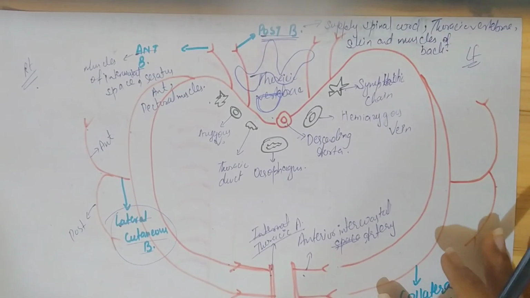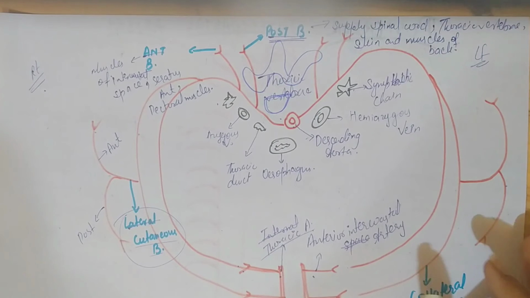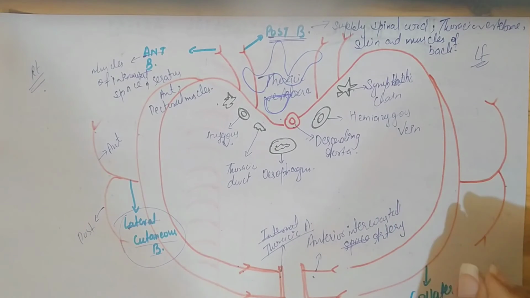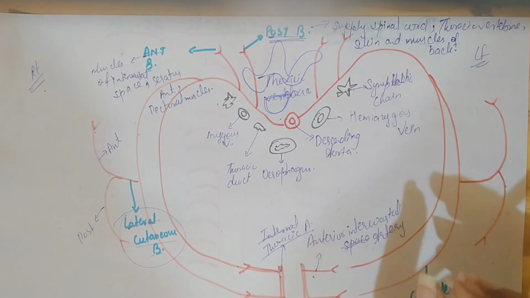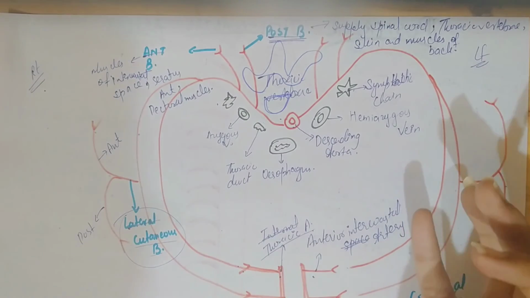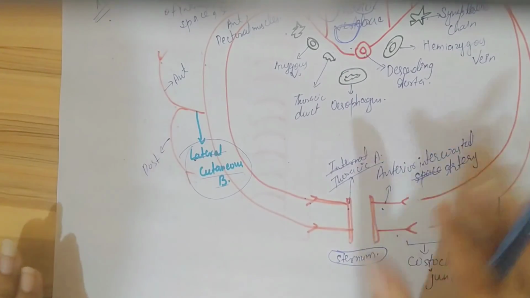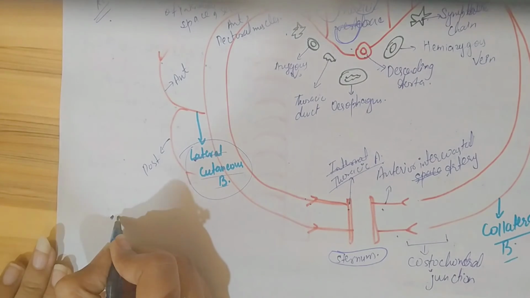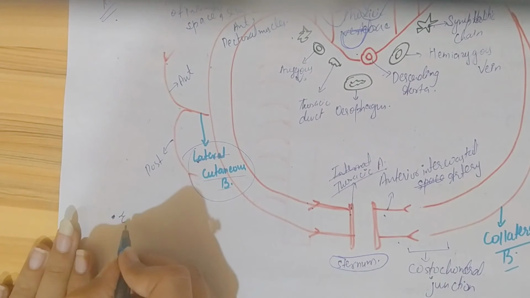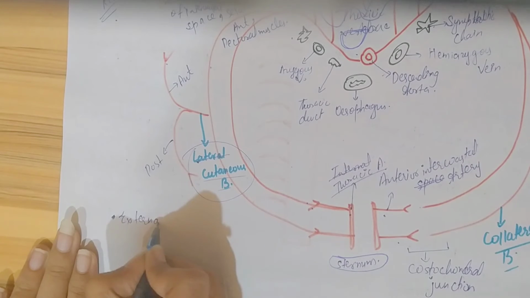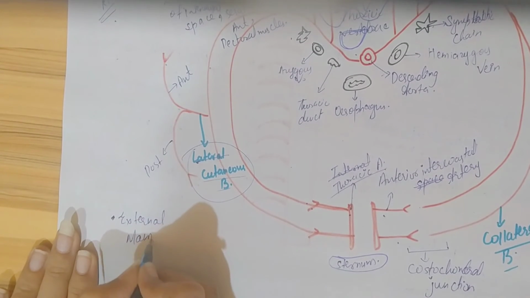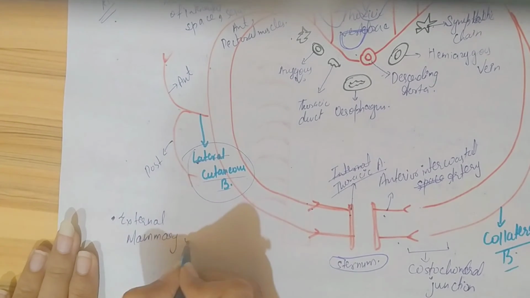Now it also gives a mammary branch that is also known as the external mammary artery. This basically arises from the second, third and fourth posterior intercostal artery. So here I am writing this artery's name, the external mammary artery.